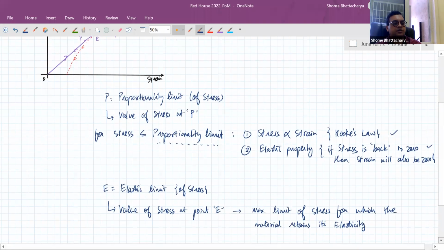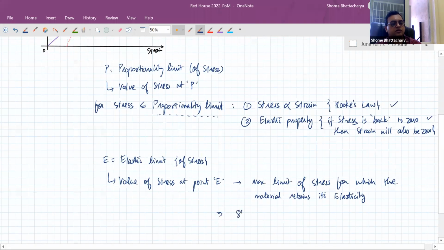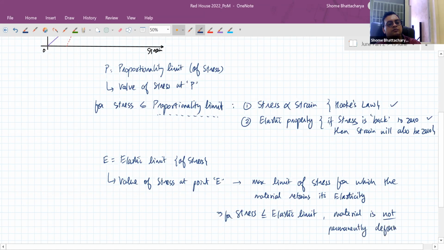So basically what this means is that for stress less than or equal to the elastic limit, the material is not permanently deformed.